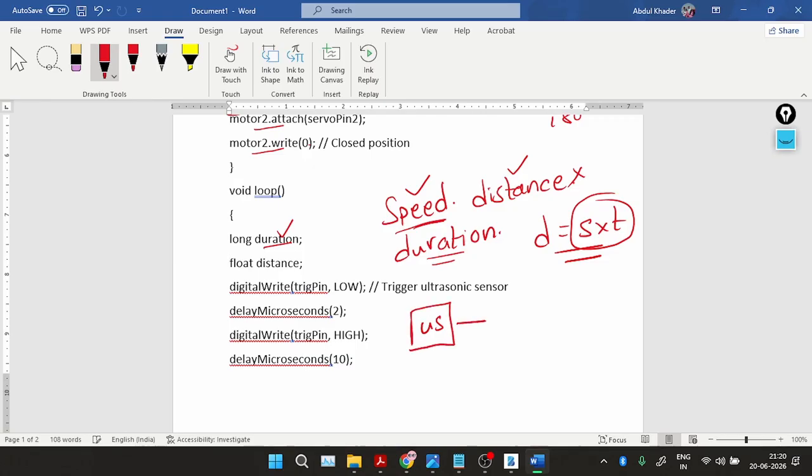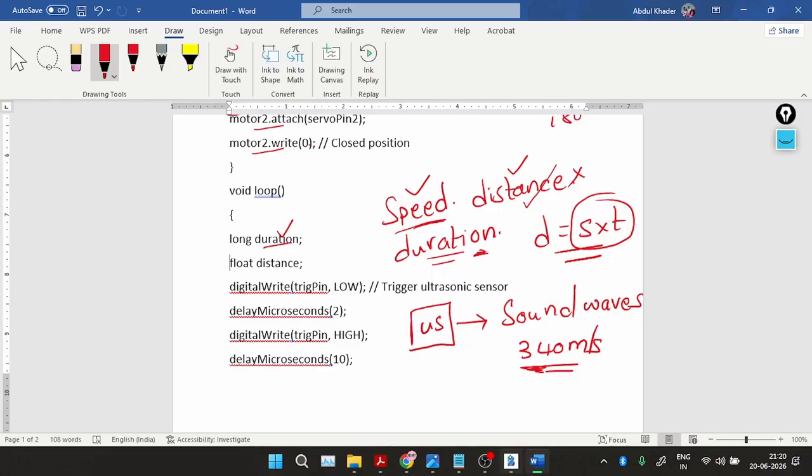The ultrasonic sensor mainly works on sound waves, and the speed of these sound waves is 340 meters per second. That way, we know the speed, and we know the duration. We only have to find the distance.